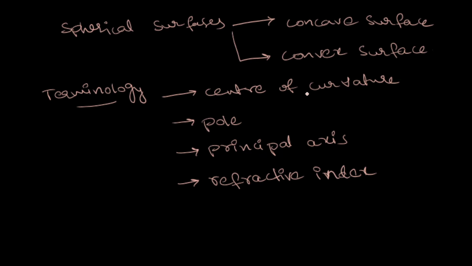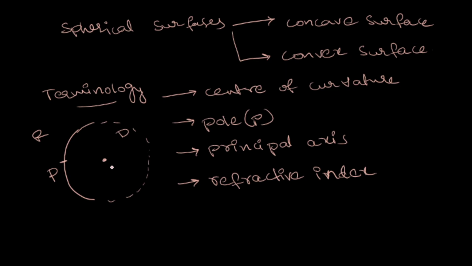Coming to the center of curvature, if this is a curved surface which acts as the interface between two mediums, that is, the interface between the denser medium and the rarer medium, the geometrical center or the midpoint of this curved surface is known as the pole, and it is denoted with P. If you extend this curved surface, you will observe a sphere.